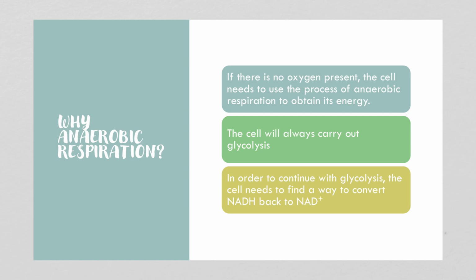So you could have all the glucose you wanted, but if you have everything already in the form of NADH instead of NAD plus, you can't make any more ATP and you can't undergo glycolysis. So anaerobic respiration happens so that we can convert the NADH back to NAD plus so glycolysis can happen.